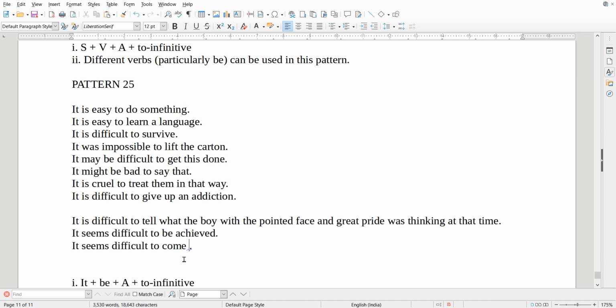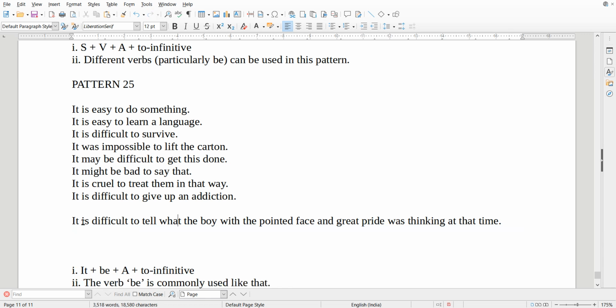It seems difficult. That will be different. So it seems difficult to, because it will refer to something else to do. No, this is different. This is different because it is referring to something else. Okay. Yes, definitely. Because in these sentences, it refers to this whole thing. So, to tell what the boy with the pointed face and great pride was thinking at the time is difficult to tell.